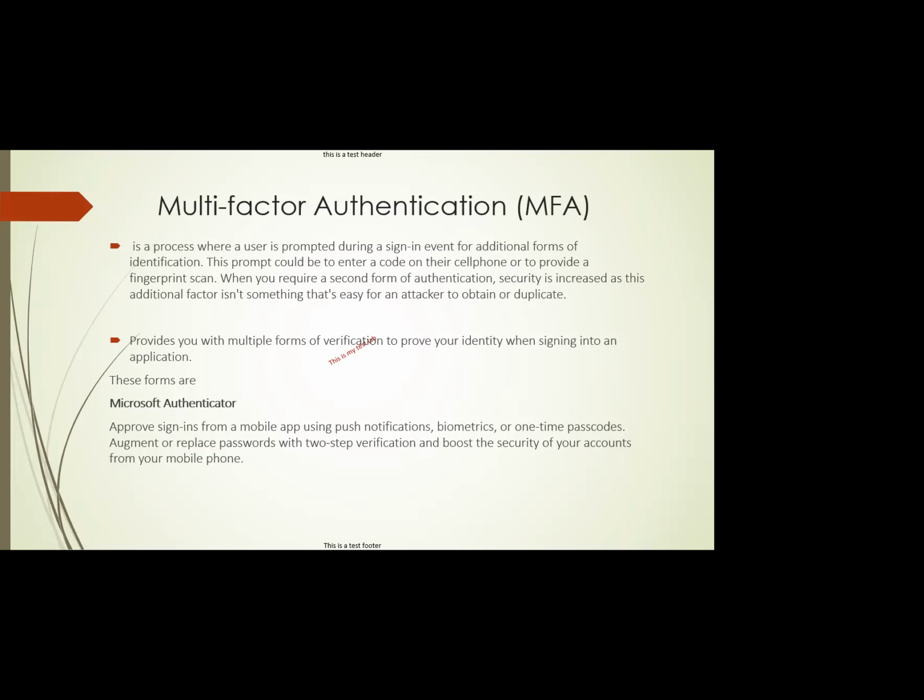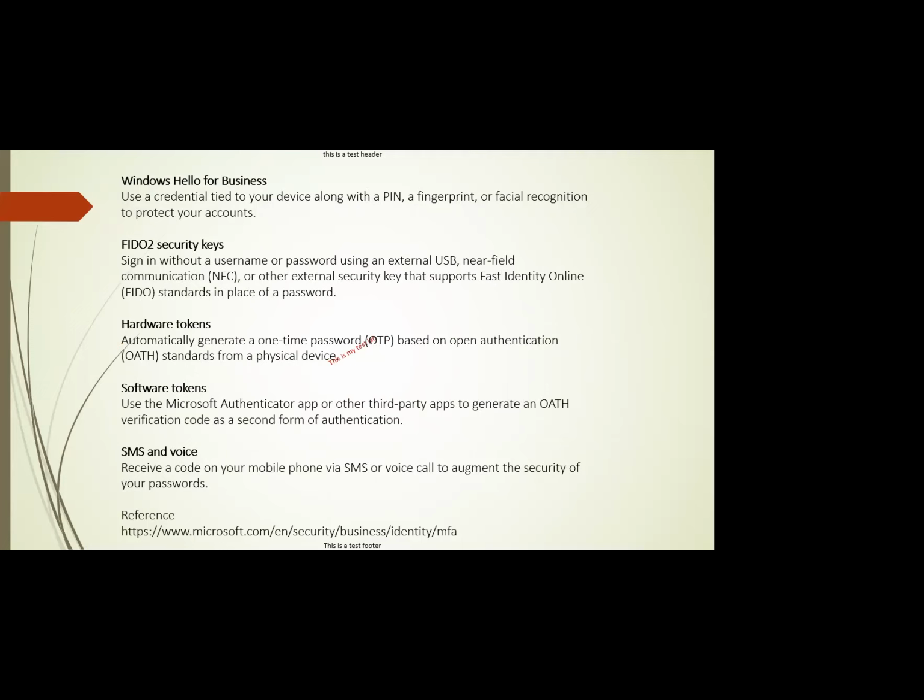So we'll talk about different forms of multi-factor authentication. You can use the mobile Microsoft Authenticator, a mobile app that you can use for two-step verification, and it also helps to boost your account security. The next one is Windows Hello for Business.